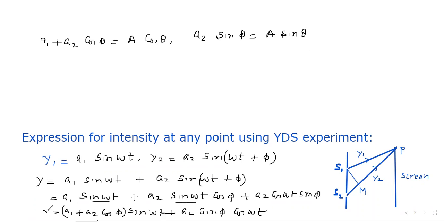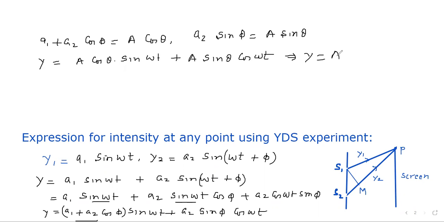So the equation becomes y equals A cos theta sine omega t plus A sine theta cos omega t, which will become y equals A sine (omega t plus theta), which will represent a simple harmonic wave.